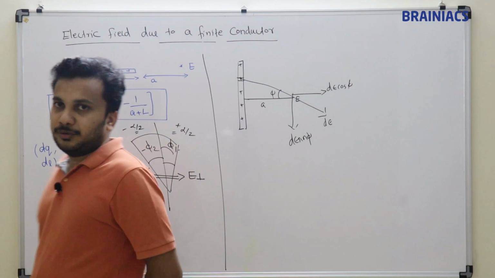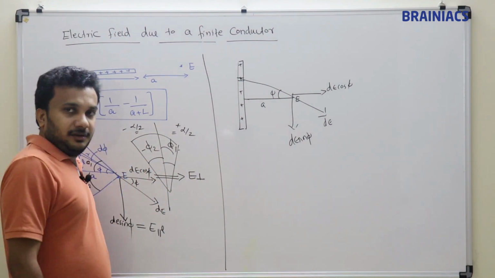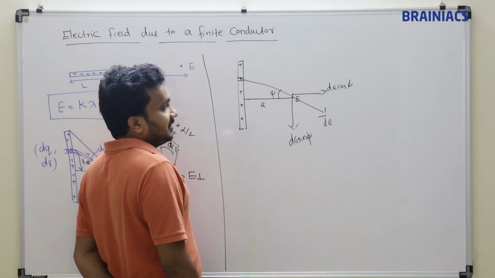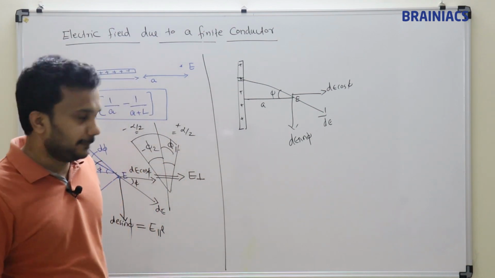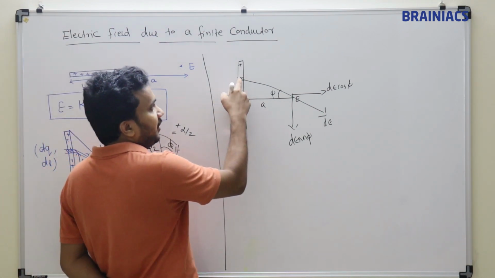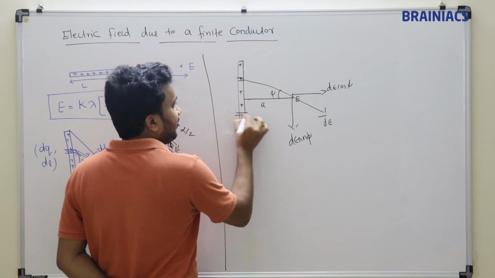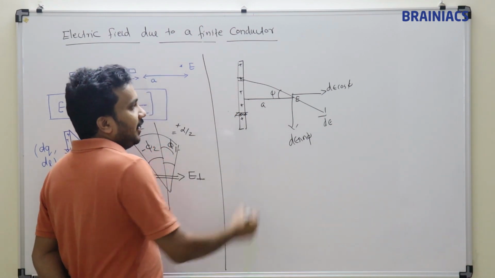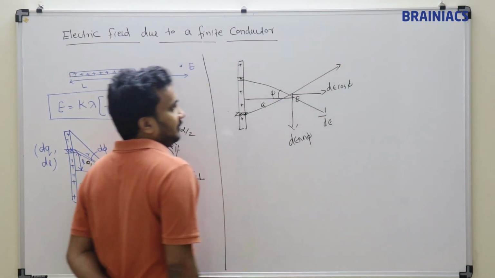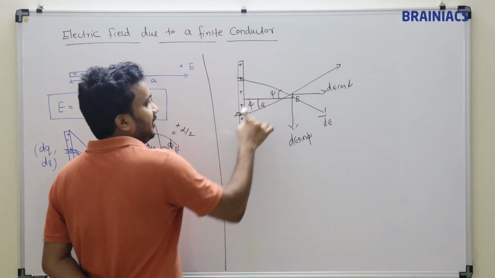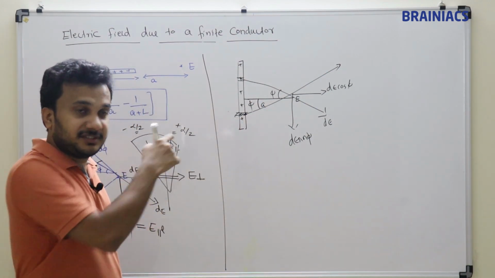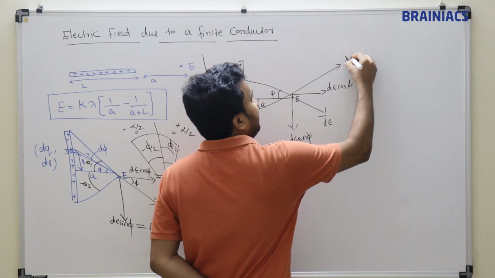Now you may ask me one question. Sir, here you have taken one current element. Similarly, you can take another current element here also, and draw one line like this, and this angle is phi. If this angle is phi, then you can write dE here also.